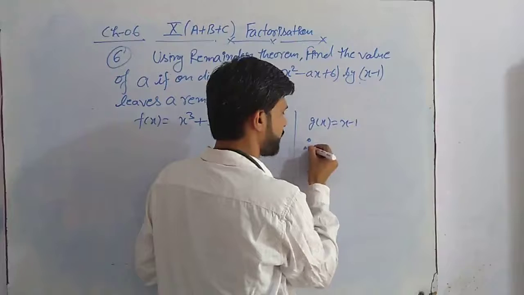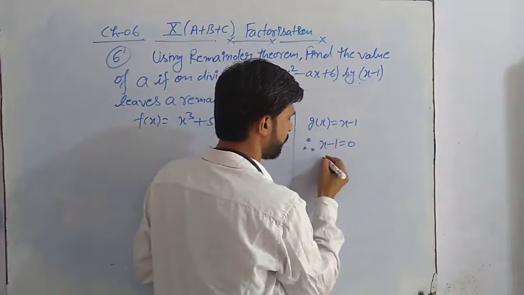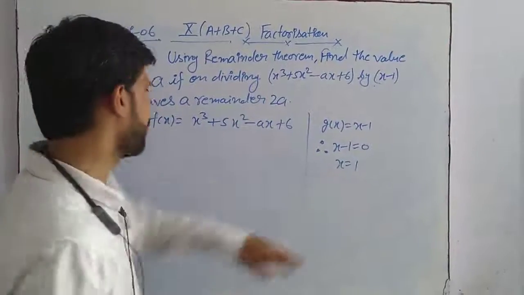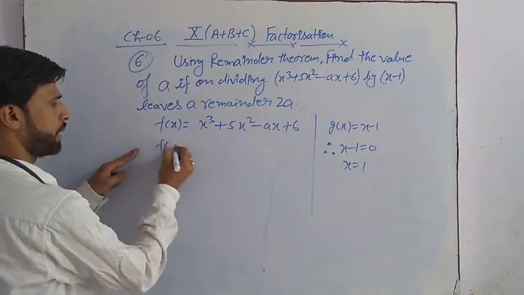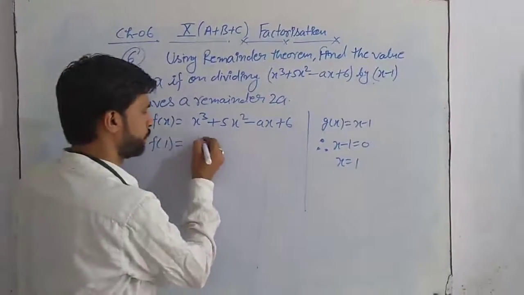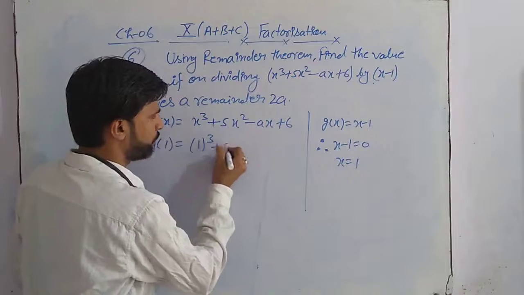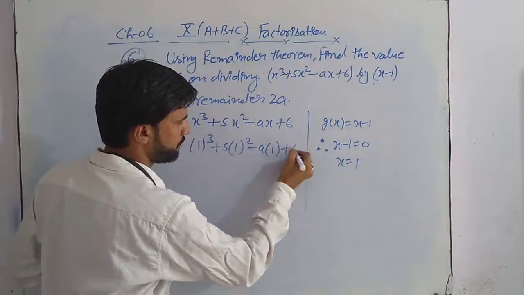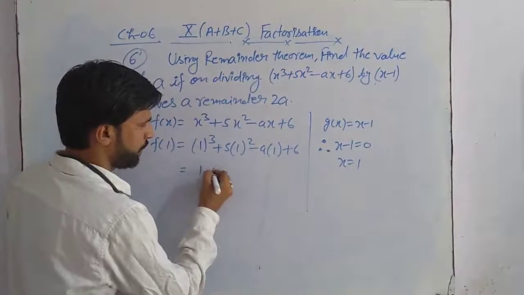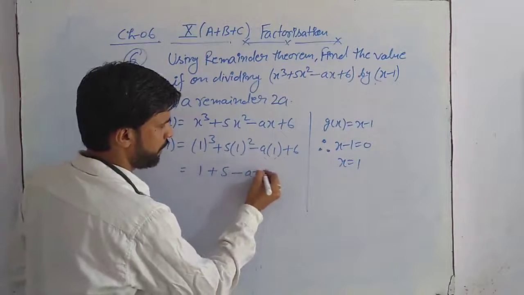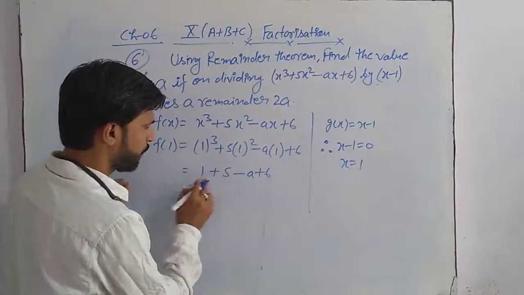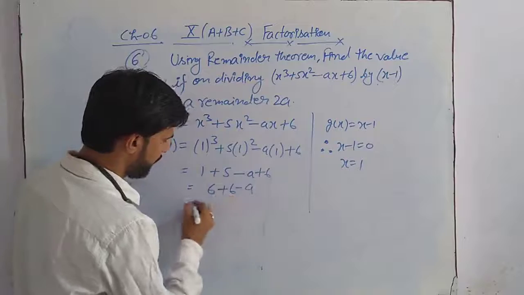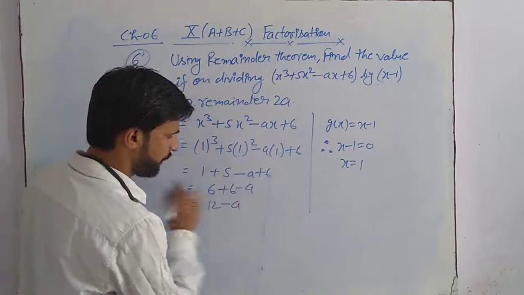Now x minus 1 equated to 0 gives x is equal to 1. Substituting x is equal to 1 in this equation, we get f(1) is equal to 1 cube plus 5 times 1 square minus a into 1 plus 6, that is 1 plus 5 minus a plus 6. 1 plus 5 is 6, plus 6 minus a, it means 12 minus a.